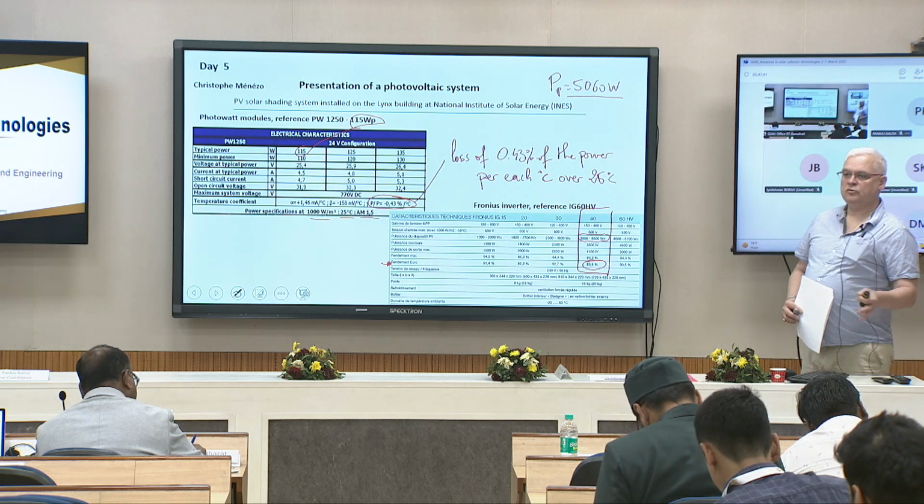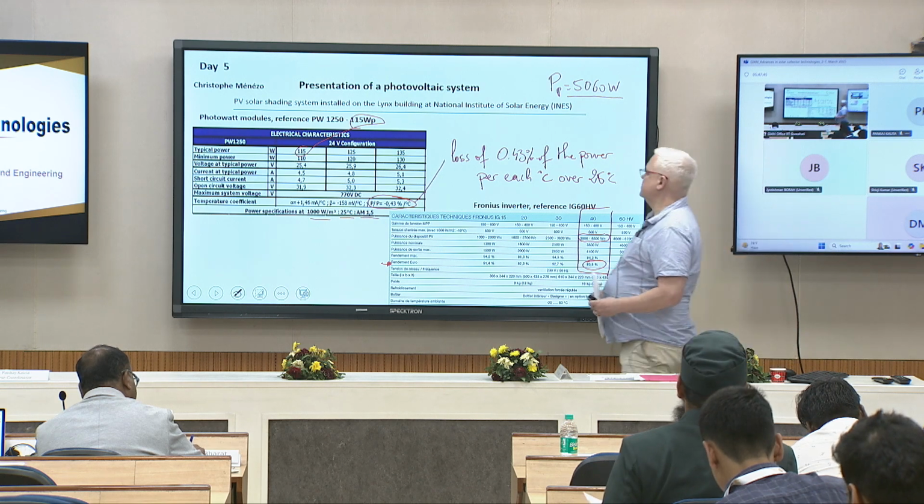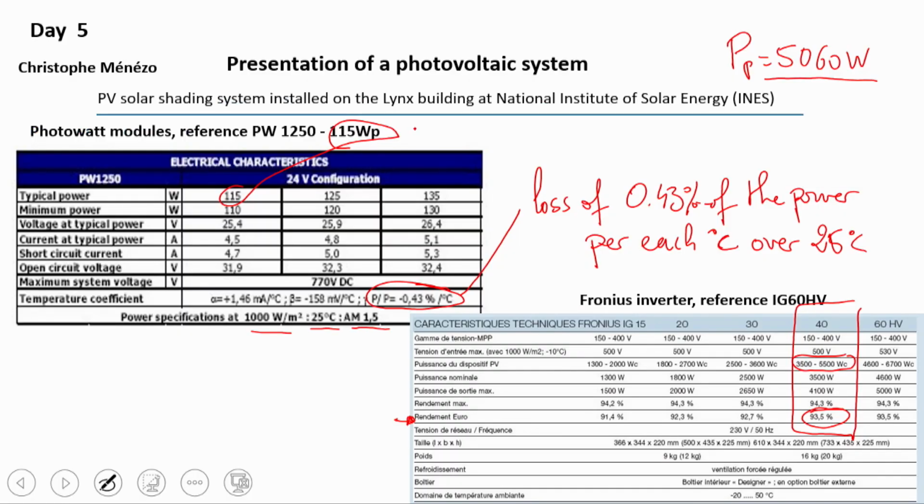Okay, if you compute 115 multiplied by 44, you will find the power peak of your central that will give you the range to choose for the inverter. Okay.